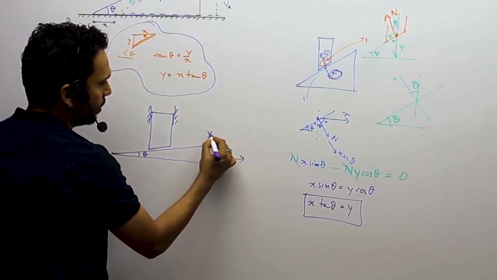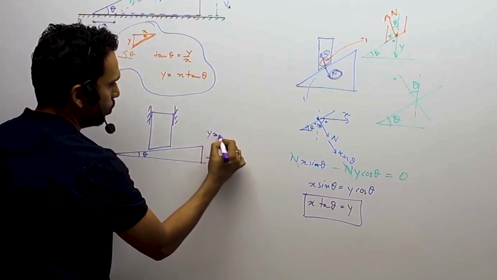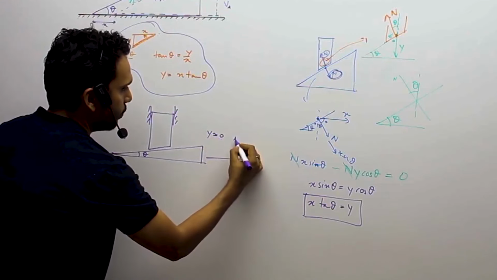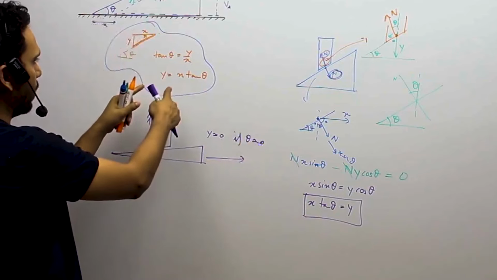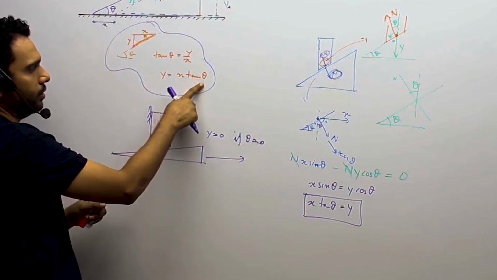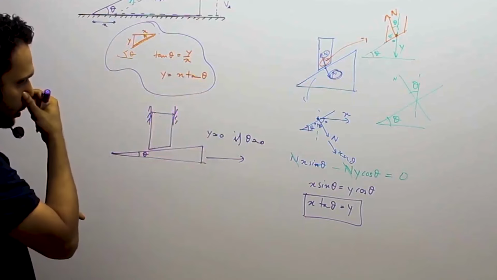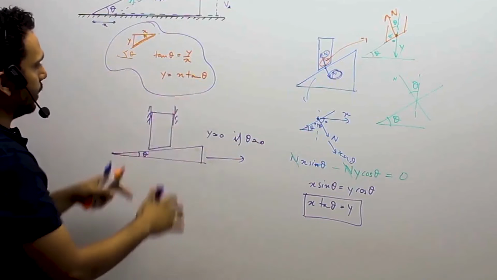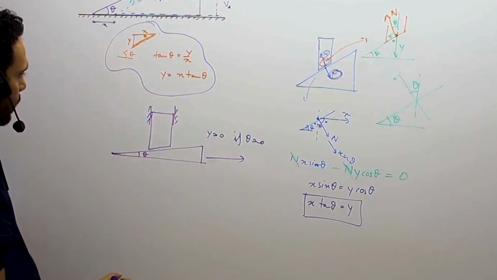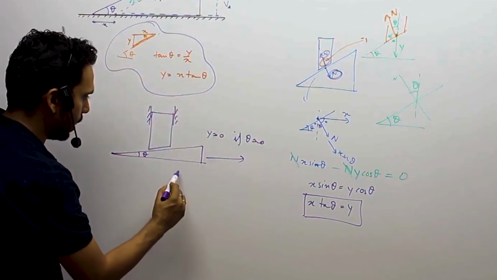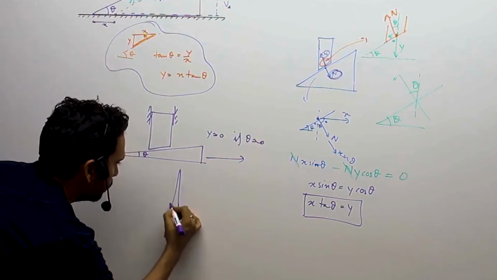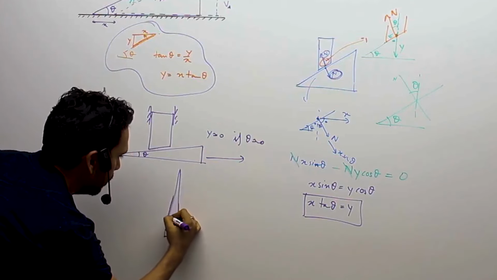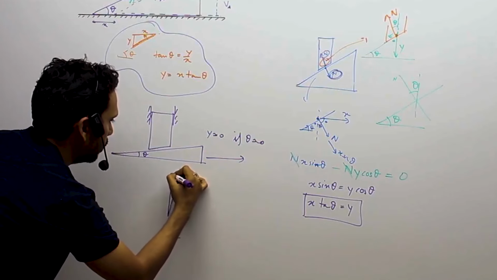So your y is almost equal to 0 if theta is almost equal to 0 is what we are seeing. So is that right? Yes, when we put tan theta, theta is 0, y is almost equal to 0. So at least that is coming all right. And suppose you had a very high angle, that's your wedge, very high angle, that's your theta, and that's the object on the wedge.